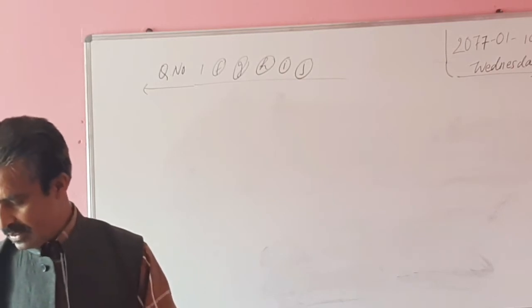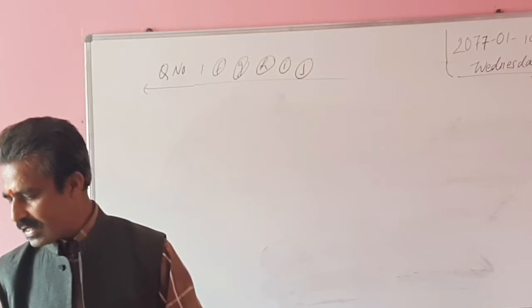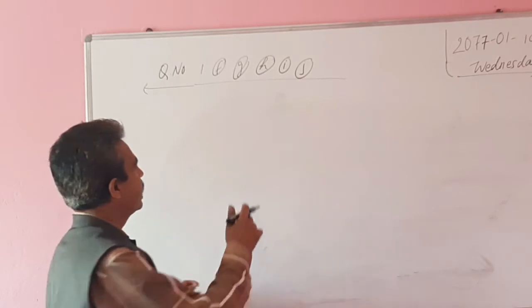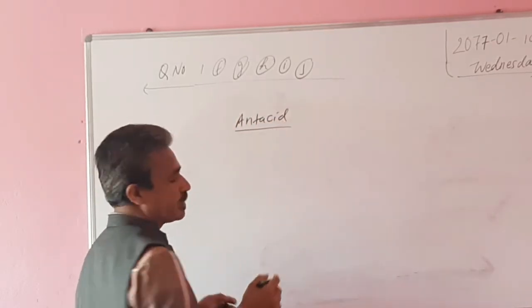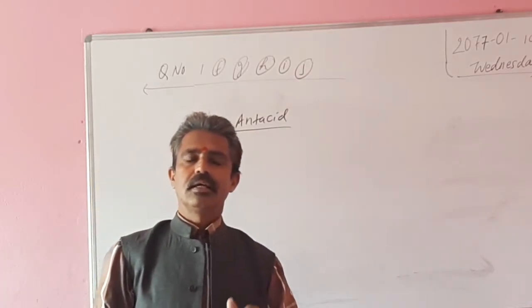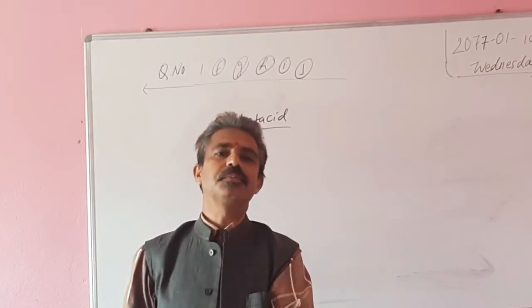The next question is, which alkali is used as an antacid to decrease acidity in the stomach? Antacid. What is the meaning of antacid? Opposite of acid. Antacid means the opposite of acid, that is base.